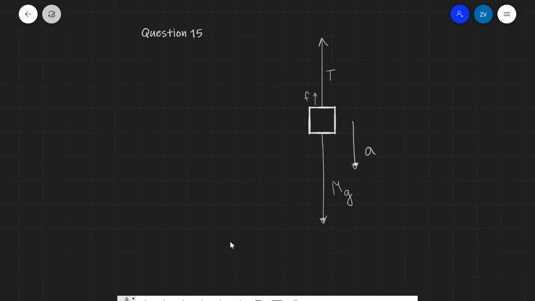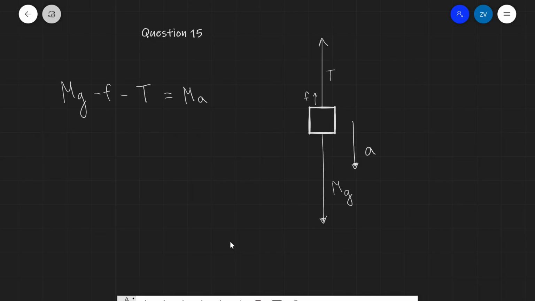Now let's apply Newton's second law and add all of the forces. In one case we have mg, which is acting straight down, and let's take away the forces acting in the other direction. So it's going to be minus F because it's acting in the opposite direction, minus T, which is also acting in the opposite direction. And these are all the forces that are acting. Because of Newton's second law, this is equal to the mass times acceleration of the lift.